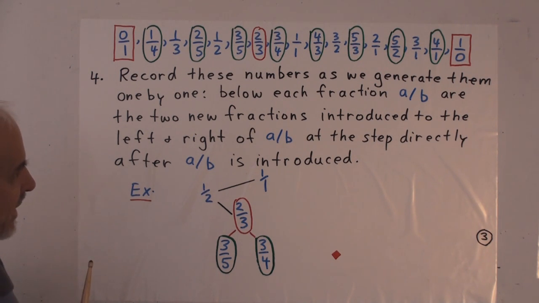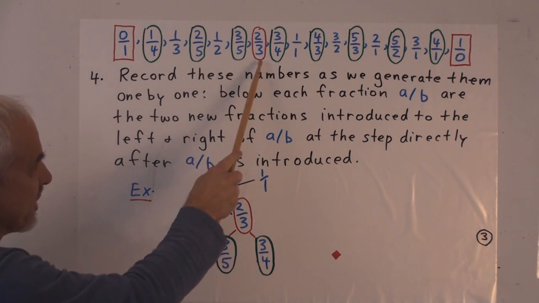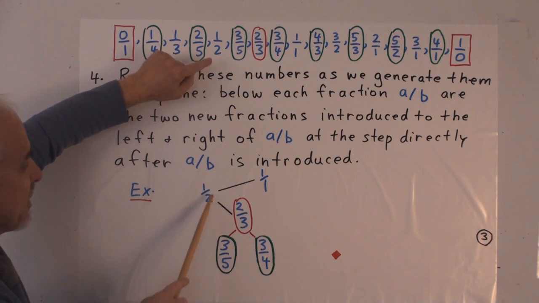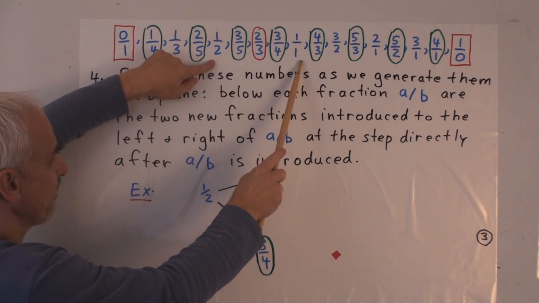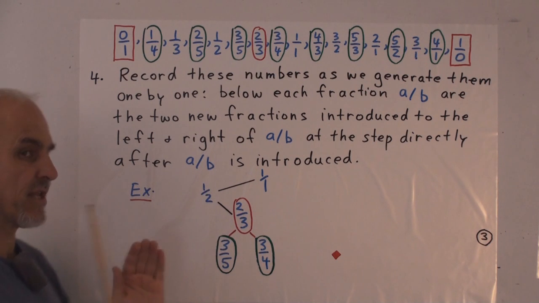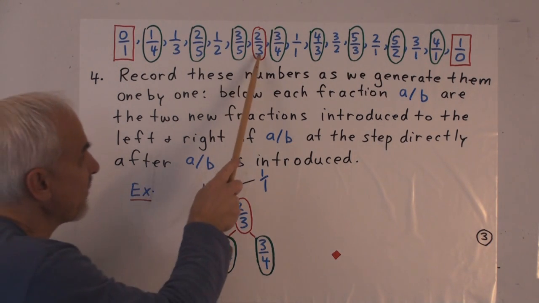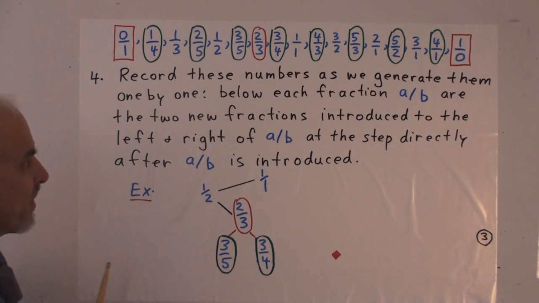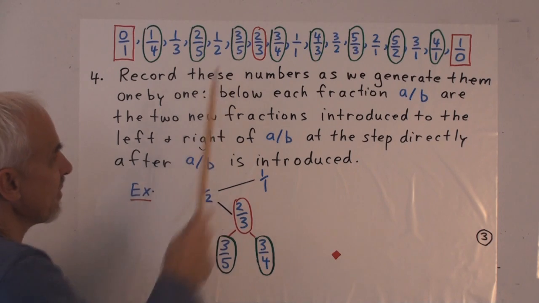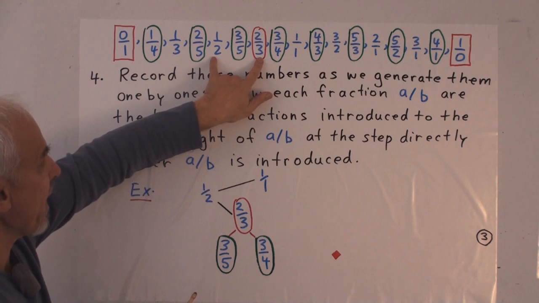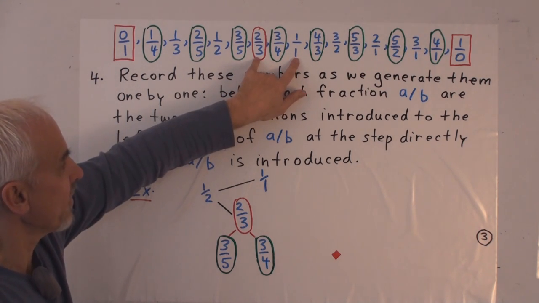So in the previous stage, 2/3 was introduced. Let's have a look at 2/3. That came from the previous sequence. It was actually the mediant of 1/2 and 1 over 1. So suppose we've created the tree up to this level. We've created 2/3 and it's in position. Now after we do 2/3 in the previous row, in this stage here we create the 3/5 and the 3/4, which are the mediants of 2/3 with 1/2 and 2/3 with 1.